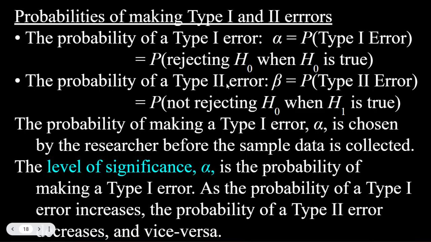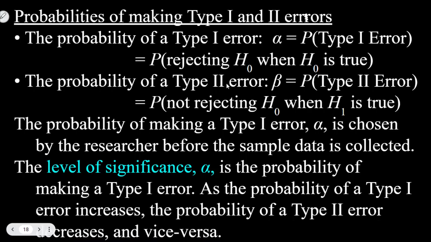Now we want to talk about the probability of making a type 1 or a type 2 error. I see that I have a typo that I hadn't noticed before, so we'll try to get that fixed. There are only 3 R's in the word error. The probability of making a type 1 error is labeled alpha.